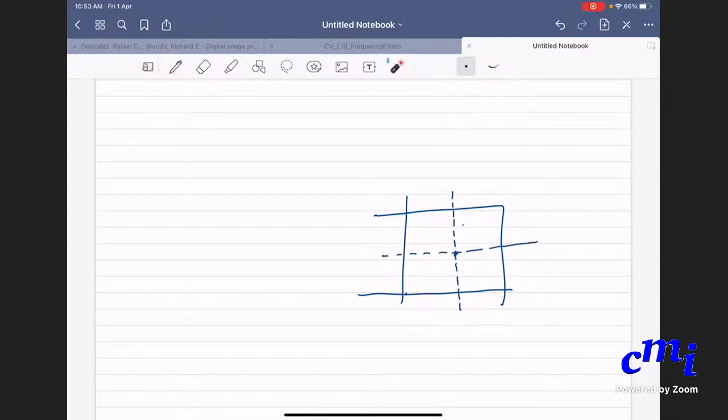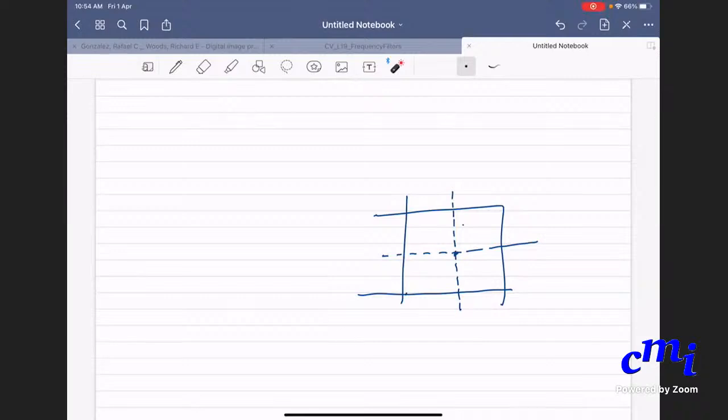Whatever you see here will also appear in these 4. That's how the frequency domain information looks visually. You see this symmetry in the frequency domain transform of any image.